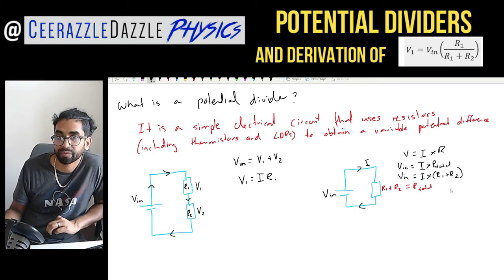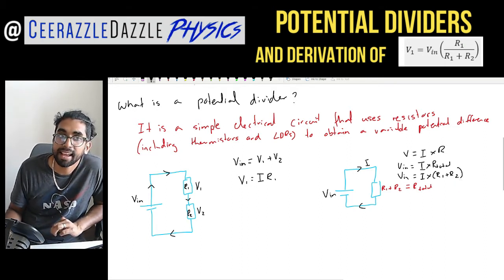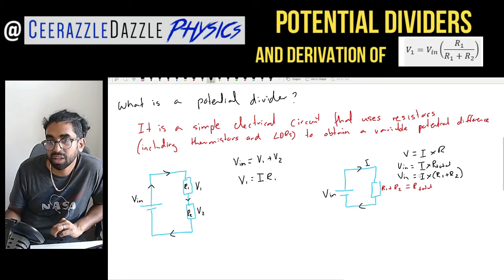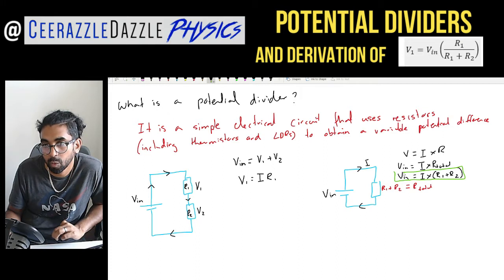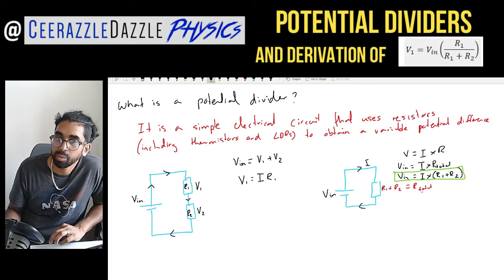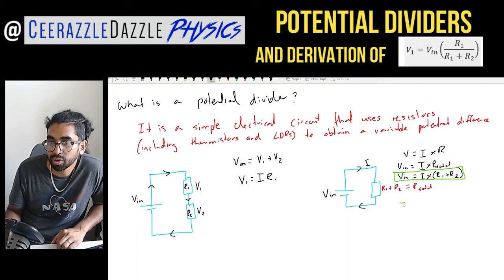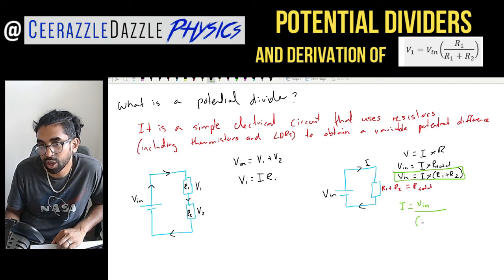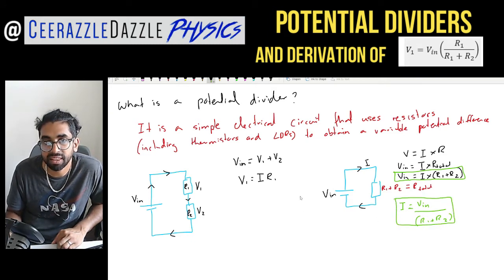There we go. Excellent. Now, everyone, from here, I'm going to substitute this equation that we've got over here into the one over here, on this side over here. So we can do this, guys, we can rearrange this. So current is equal to the voltage going in, total voltage going in, divided by, open bracket, R1 plus R2. Here we go. Let's close that bracket over here. And now look, guys, let's plug that into here.